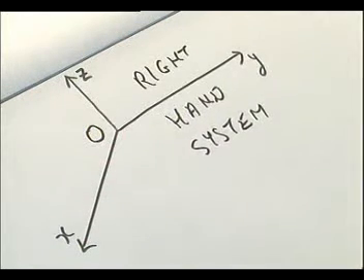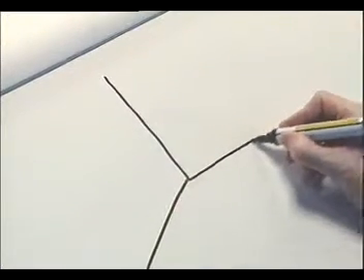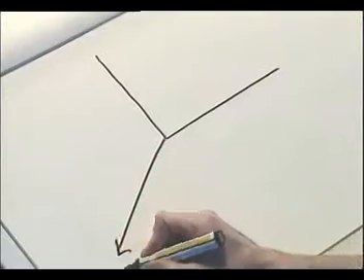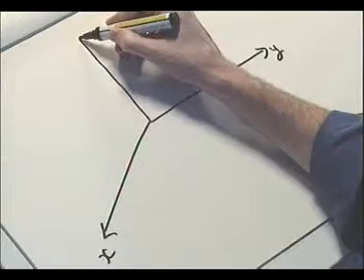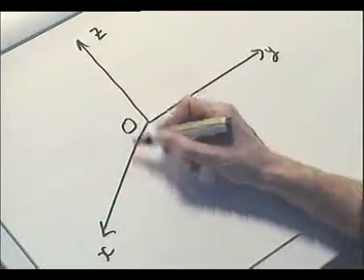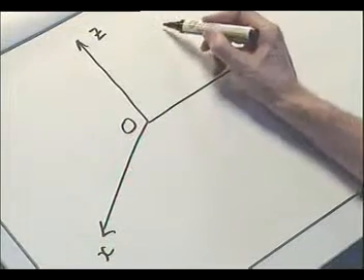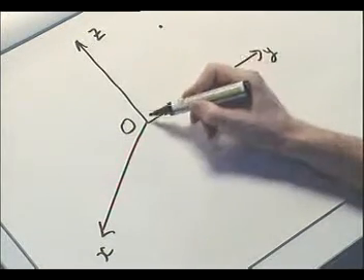So let's have a look at that in terms of having a point P that's got its three coordinates, x, y, and z. So we have x and y and z, and our origin O. We'll take a point P anywhere there in space.